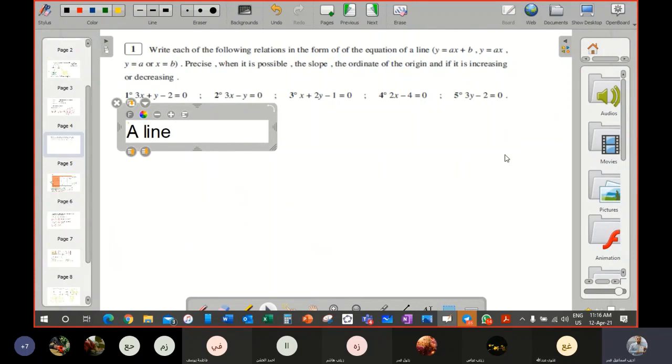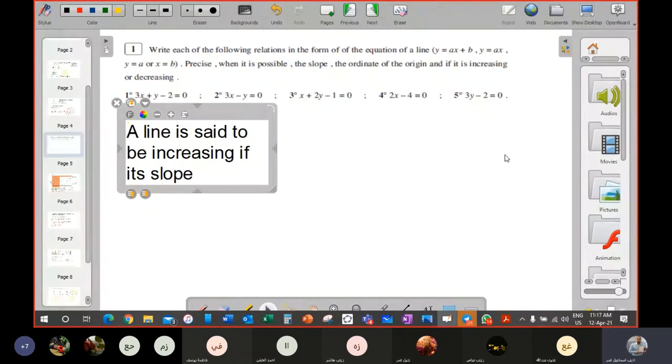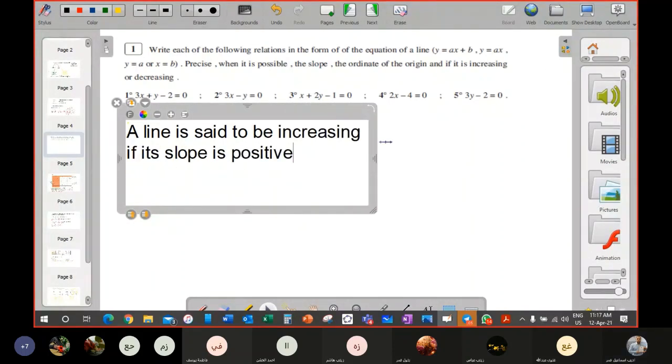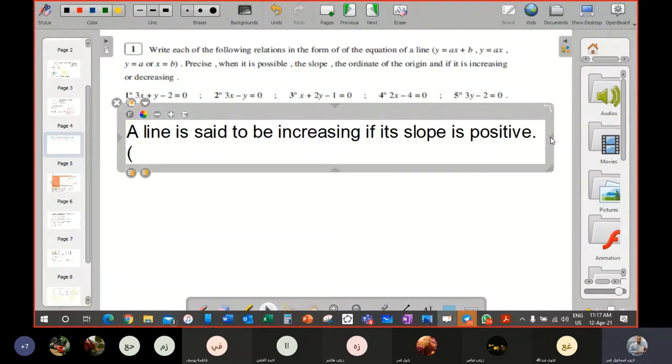A line is said to be increasing if its slope is positive, which means that a is greater than 0.